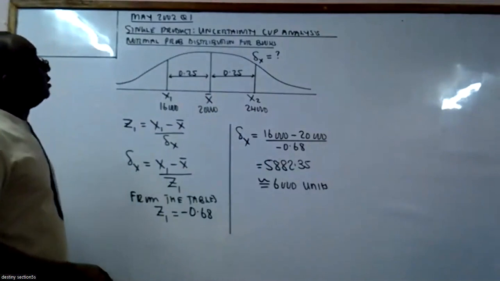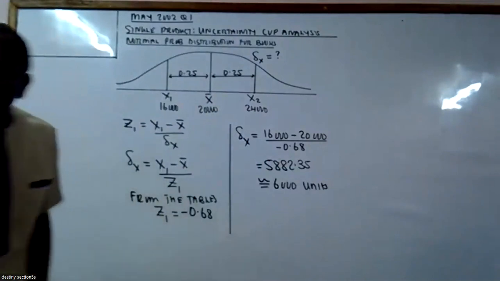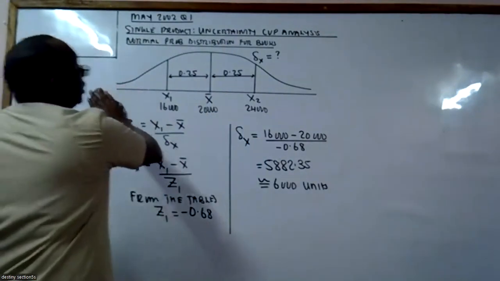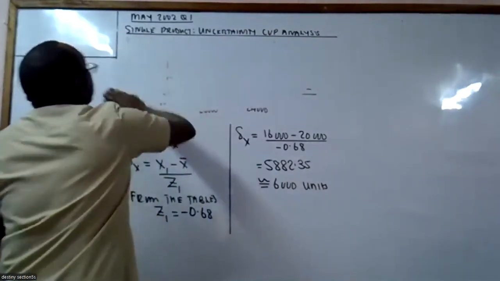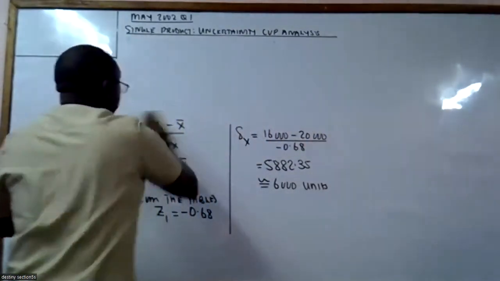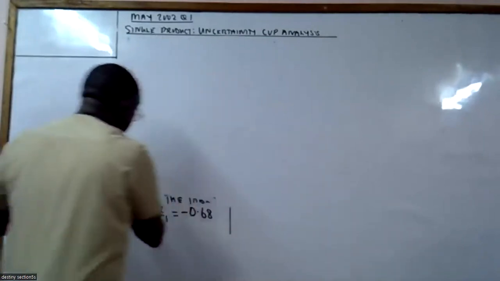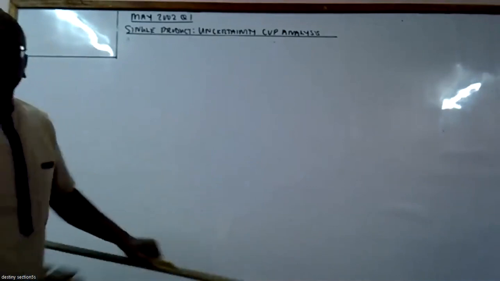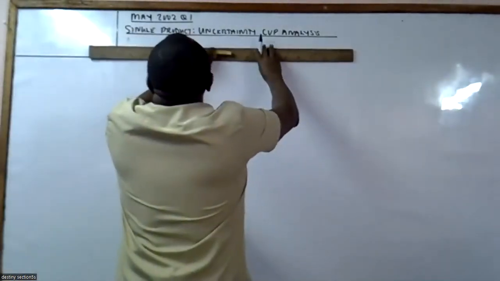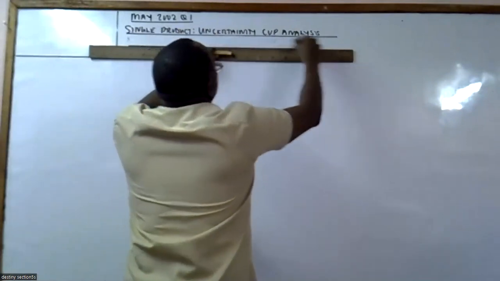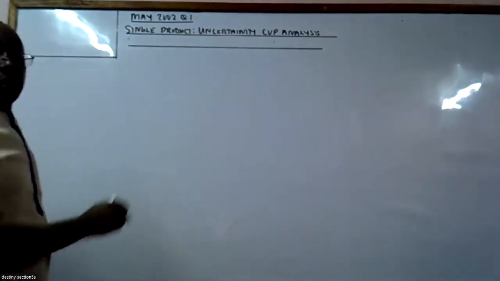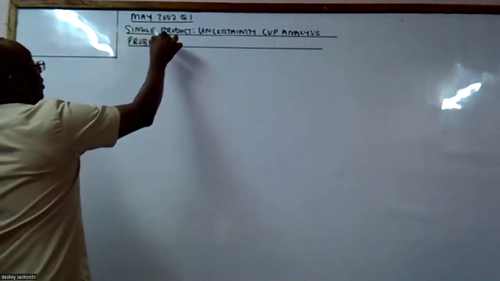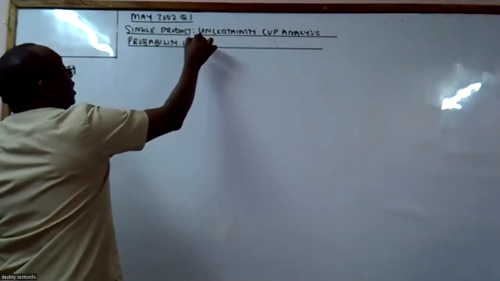So normal probability distribution for this one, we need to do it all. So probability of breaking even.